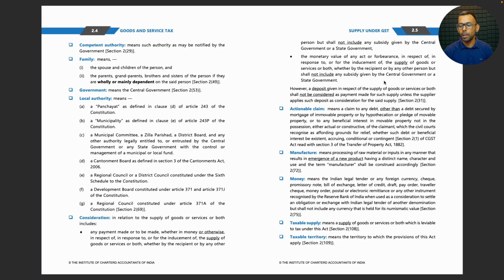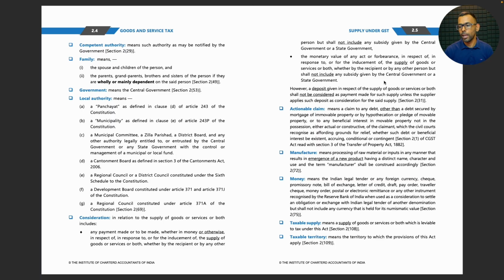I give a deposit of 5 months, 1 lakh rupees, to my future house owner. Now this is a deposit I gave for getting the service of renting a house. So the deposit I gave should not be treated as consideration.